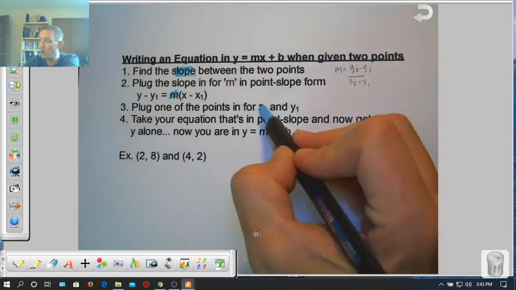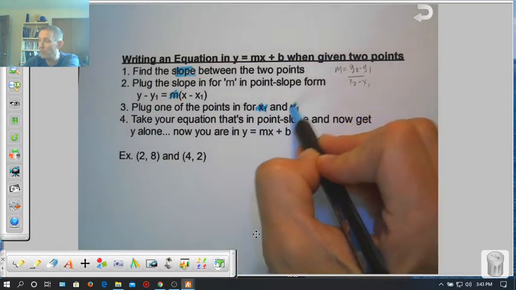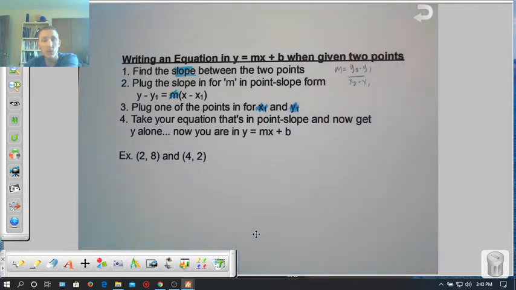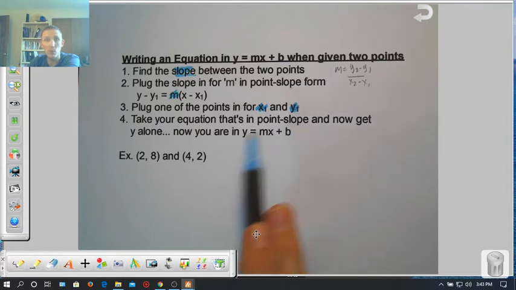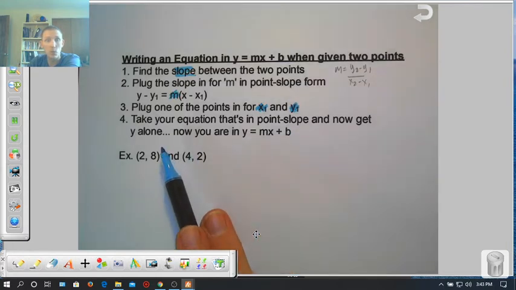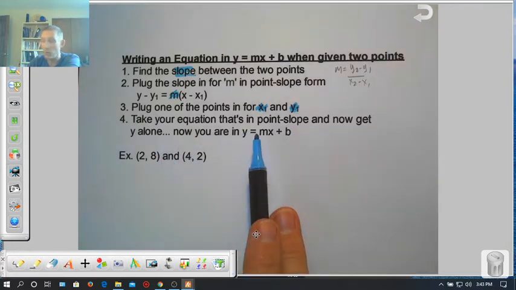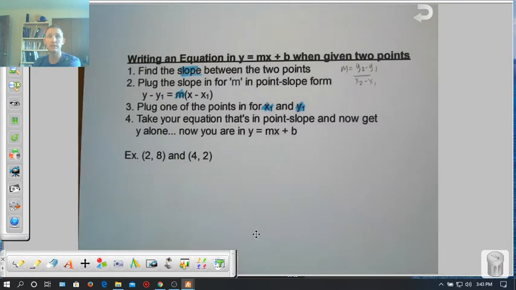So we're going to take one of our ordered pairs and plug in for the x1 and the y1. Once we do that, we have an equation in point slope, and we're going to take that equation and get y alone. And when we do that, we're going to have our equation in y equals mx plus b.